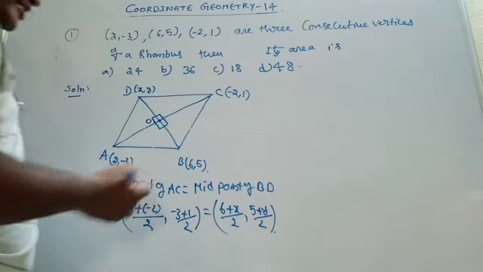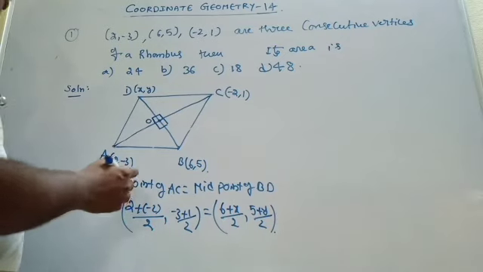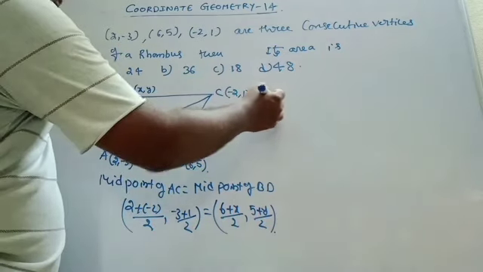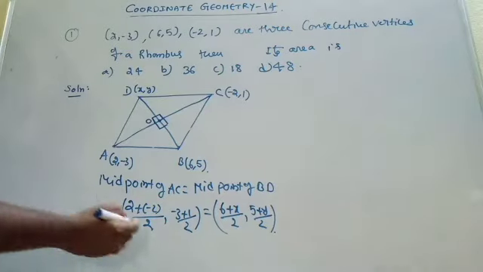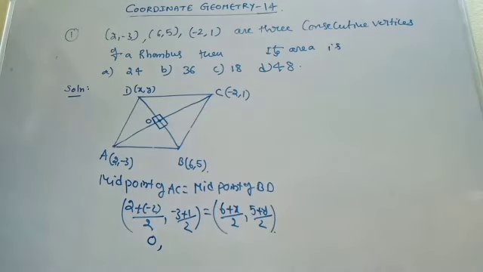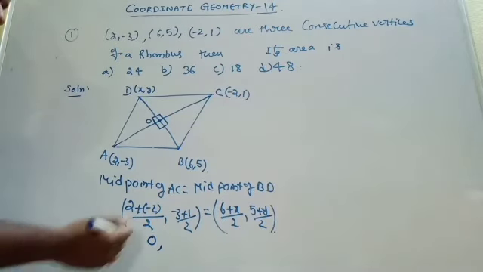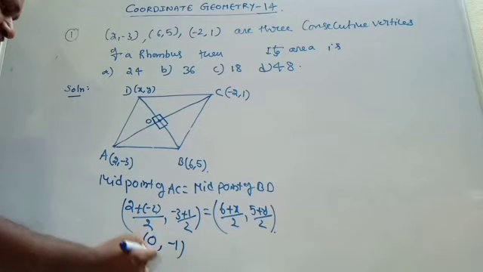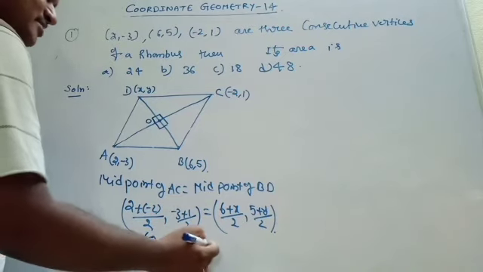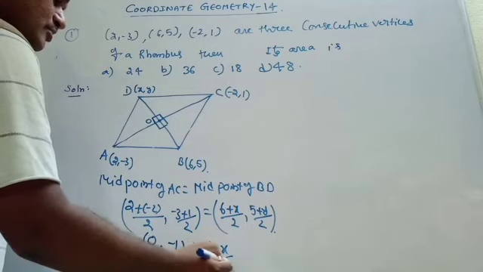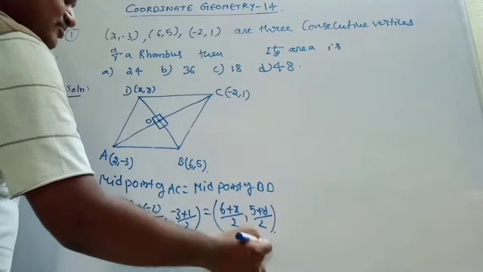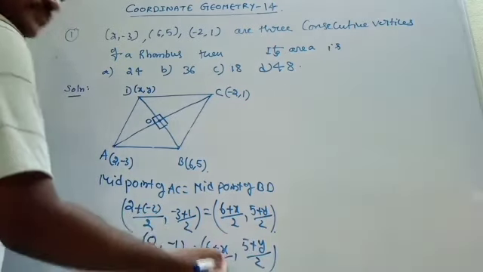From this, (2 minus 2)/2 is 0, and (-3 plus 1)/2 is minus 1, so that is (0, -1), equal to (6 plus x)/2 comma (5 plus y)/2.